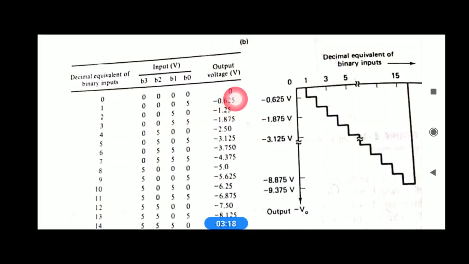Together if you add, you will get the value minus 1.875 when you apply both B0 and B1.